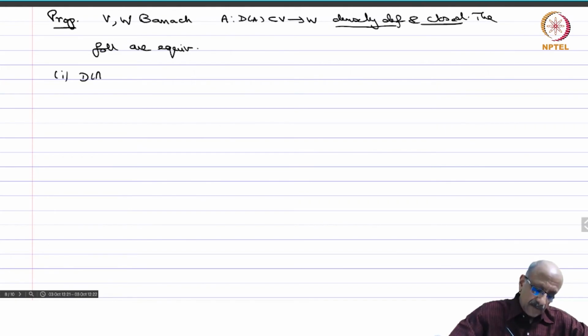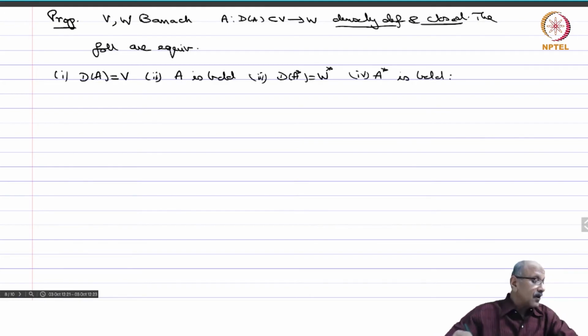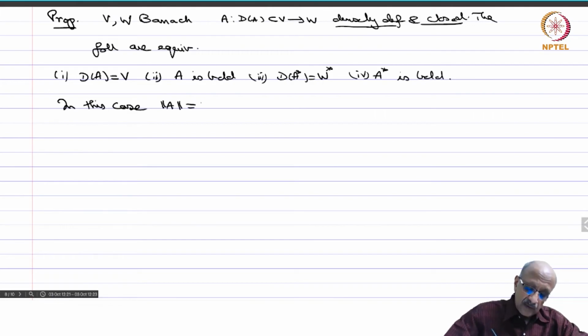D of A is V. 2. A is bounded. 3. D of A star is W star, and 4. A star is bounded. In this case we have everything a continuous linear operator, so norm A equals norm A star.